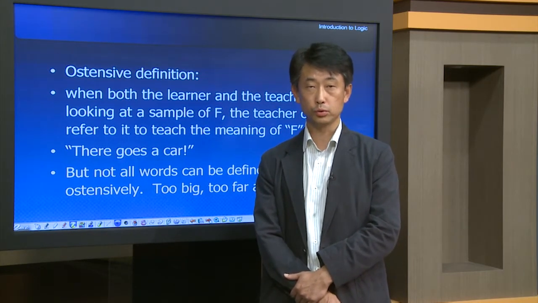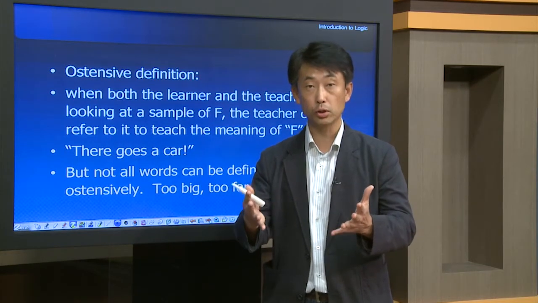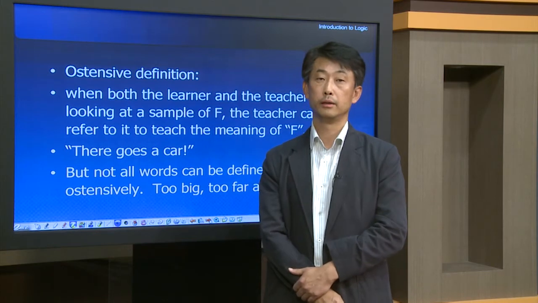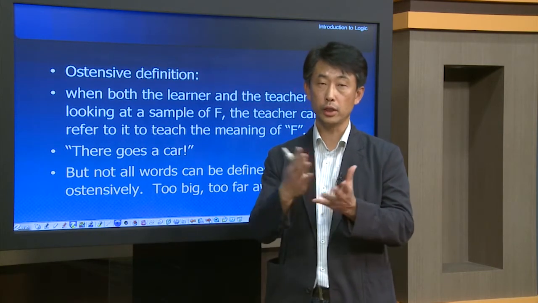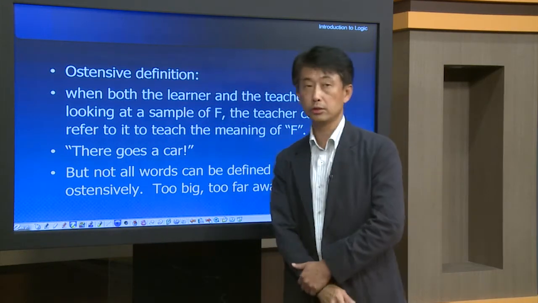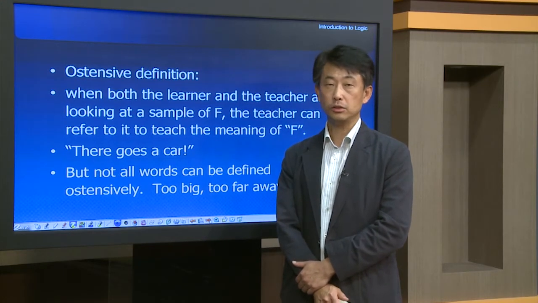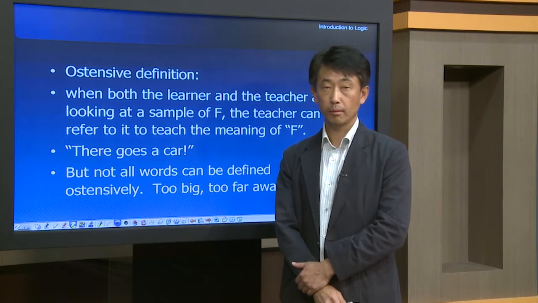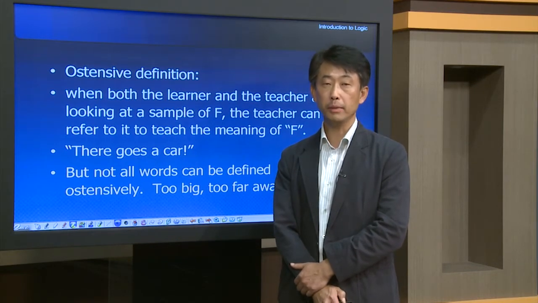They are exposed to various objects in the environment or in picture books, okay? And they are referred to various objects and associate those objects with the term. So with ostensive definitions, you just point at the instances of the word to be defined in the hope that the learner learns the meaning of the term in that way.